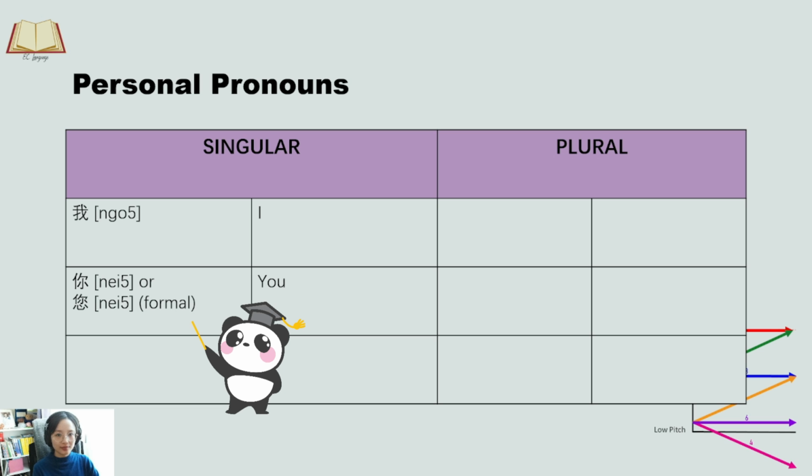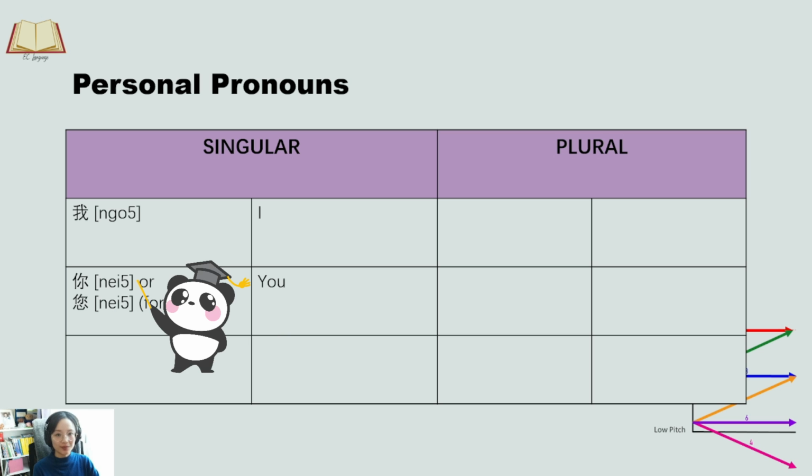Now notice there are two written forms of 你. One is formal, the bottom one, and one is more casual, the top one. They are written slightly differently, but the pronunciation is exactly the same, from the way it is said to its tone. So basically in spoken Cantonese, you can't tell whether you are using the formal 你 or the informal 你.